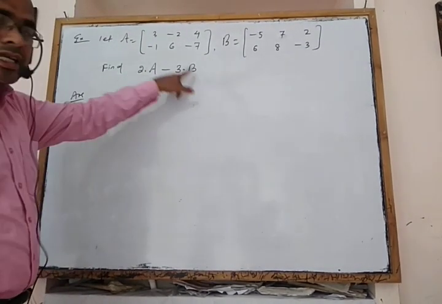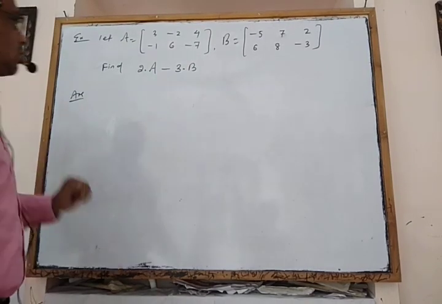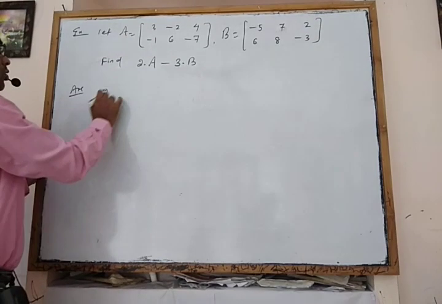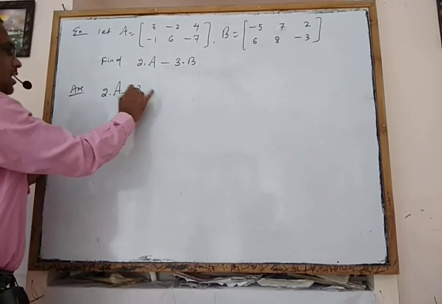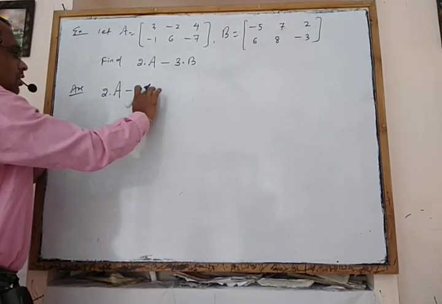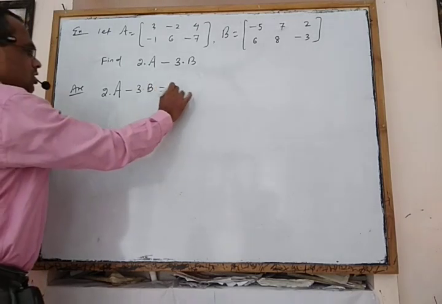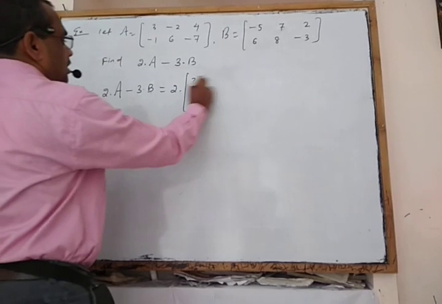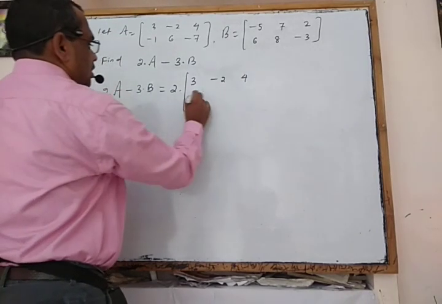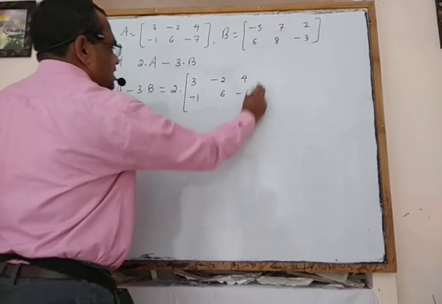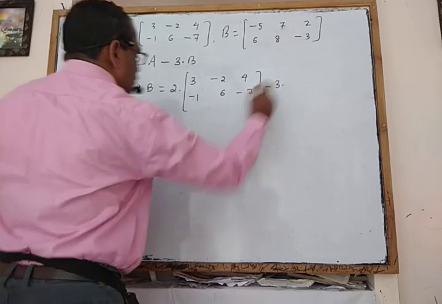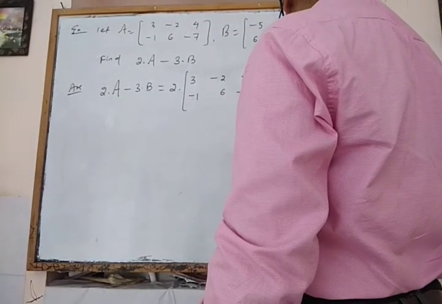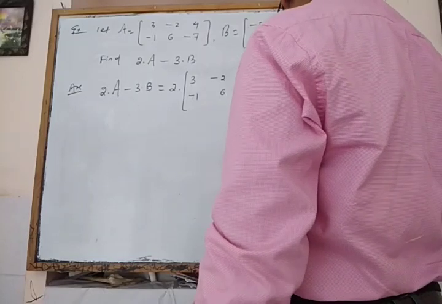We have to compute 2A minus 3B, that is, 2 into A minus 3 into B. So this is 2 into the matrix A: 3 minus 2 4, minus 1 6 minus 7, minus 3 into B. B means here minus 5 7 2, 6 8 minus 3.